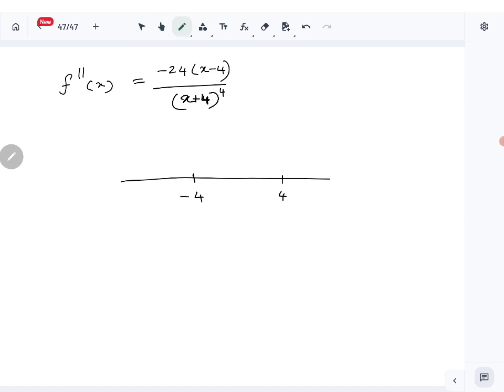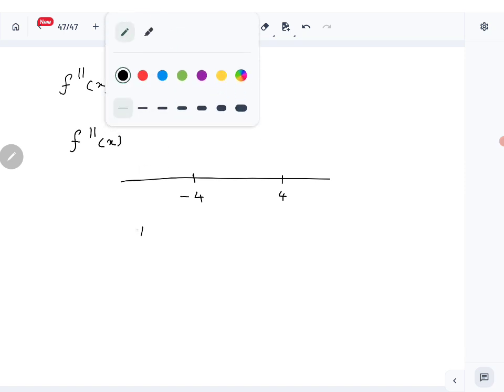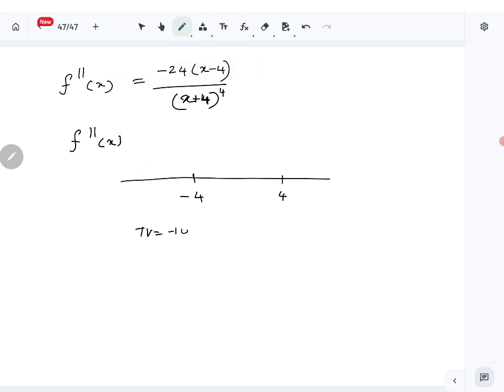Now check the second derivative sign. It only depends on the numerator, since the denominator is always positive. So put some test values and see: -10, 0, and +10.